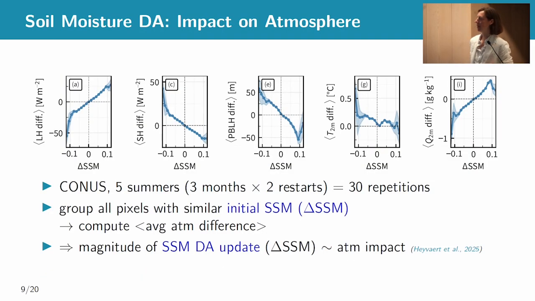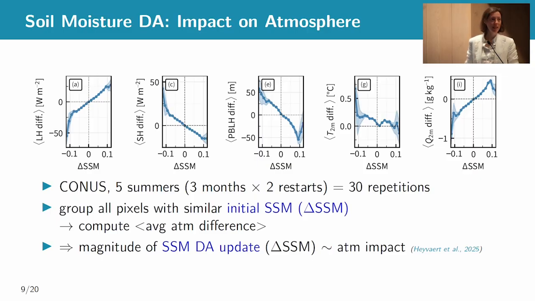So that's this one. So here I'm binning my difference in initial conditions, and I'm showing you the resulting difference in atmospheric variables. So this is for the latent heat, sensible heat, planetary boundary layer height, the temperature at 2 meters, and the humidity at 2 meters.